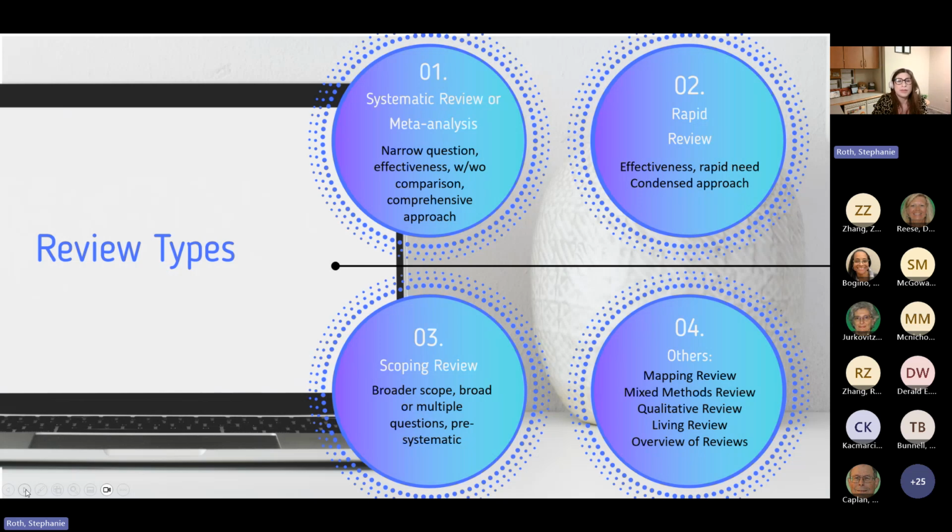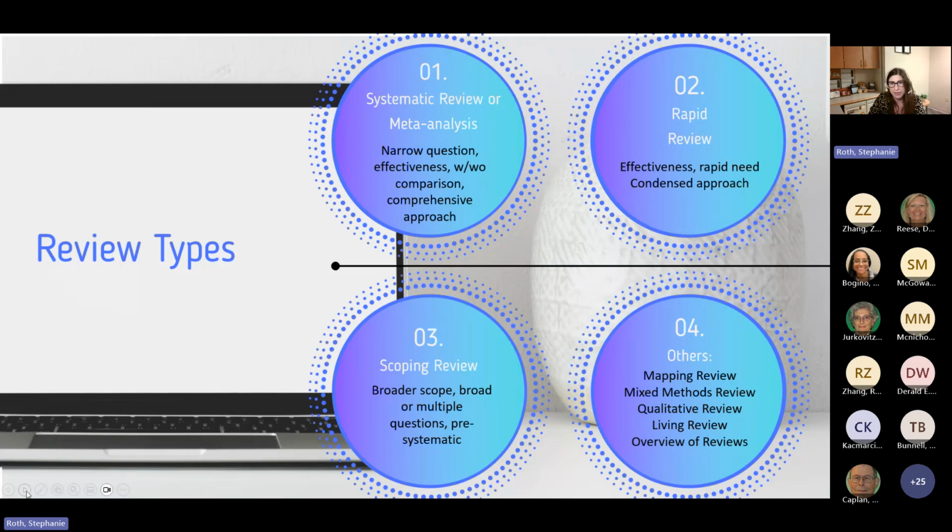The systematic review doesn't have to have a meta-analysis either. But what I was trying to say is that the meta-analysis must have some form of a systematic review for it to be considered a full meta-analysis. I'll go into the meta-analysis a little bit more in another slide.